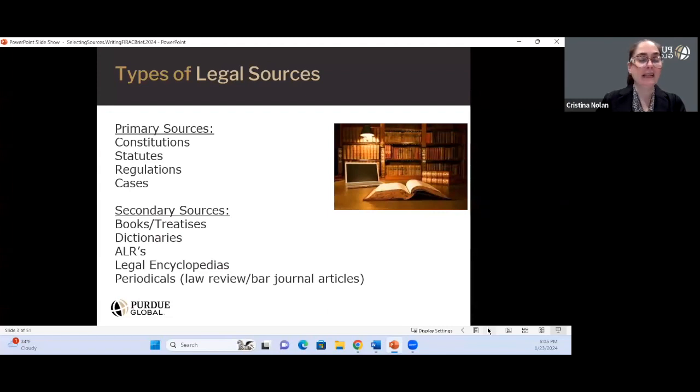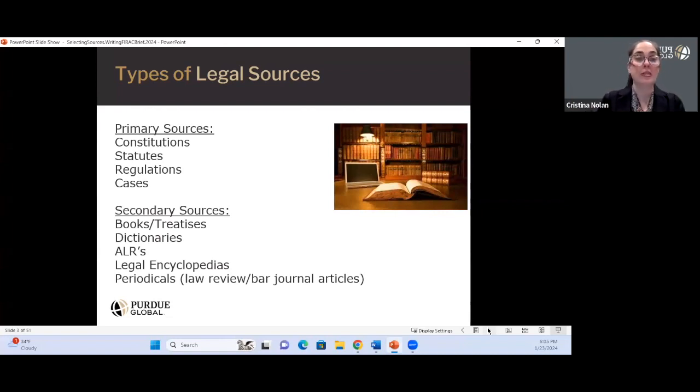That's great. We can access the legal resources in so many different ways. Yes, absolutely. But we still have to have an understanding of what each source is.